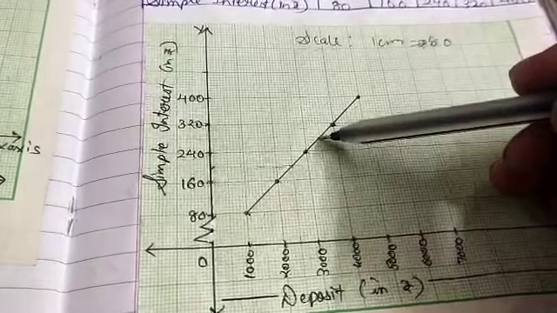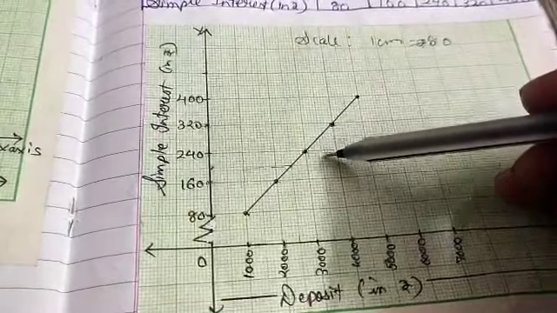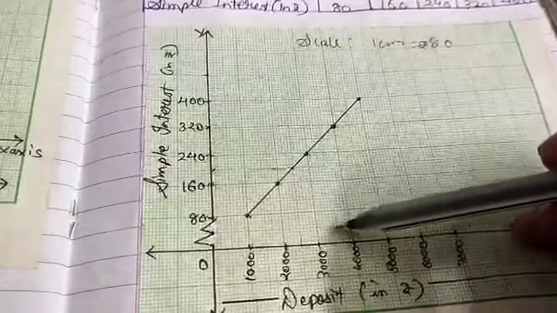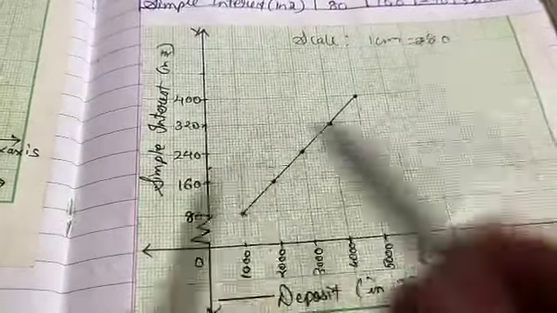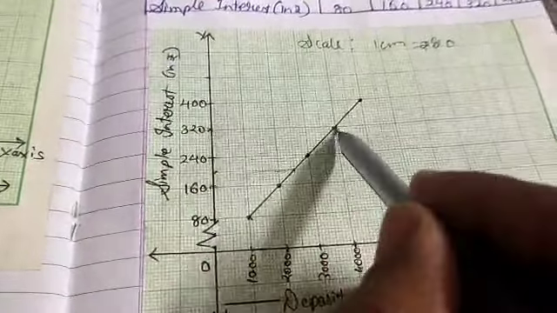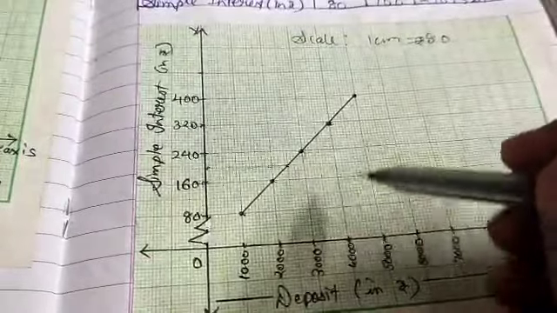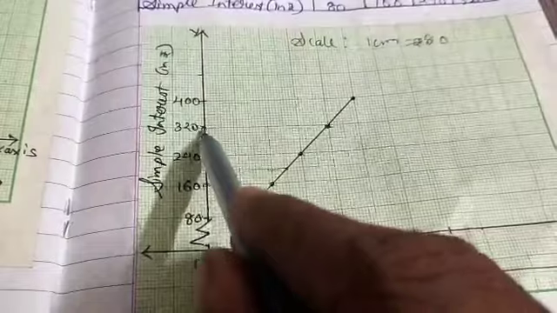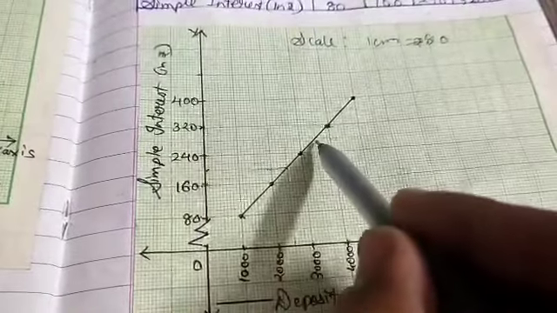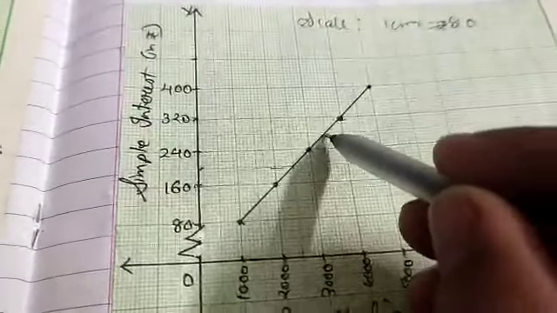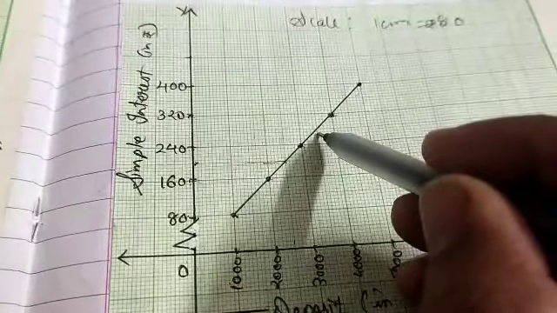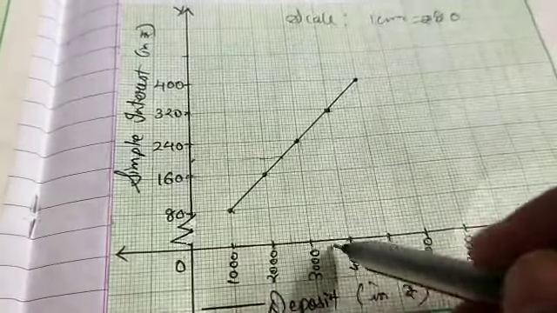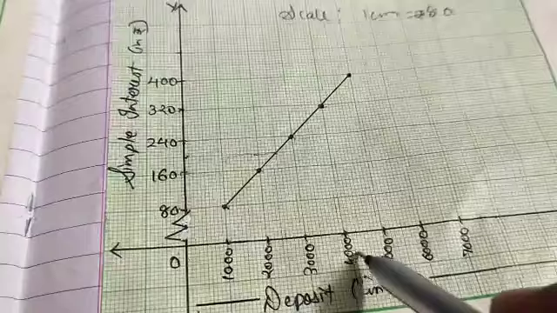For that you have to see the x-axis. First you see horizontally, then move vertically. So 280 comes between 240 and 320, it meets this line over here, and when you watch vertically, it falls between 3000 and 4000.